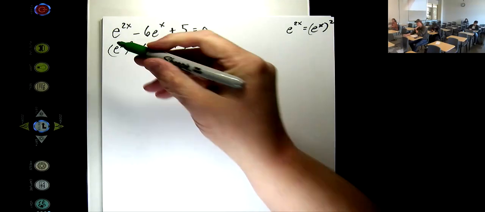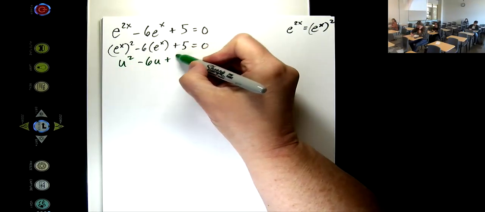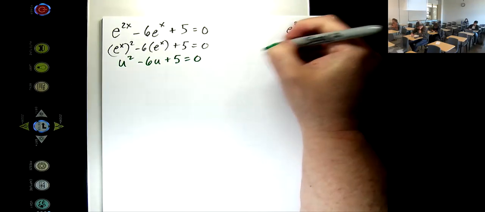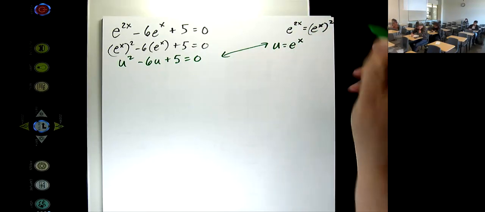This looks a lot like u squared minus 6u plus 5 equals 0, if I say u equals e to the x.